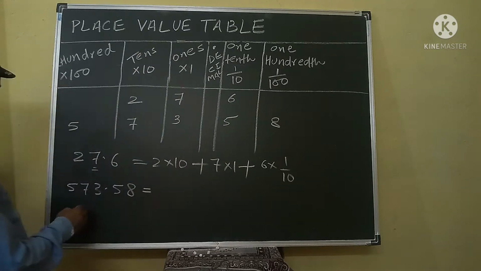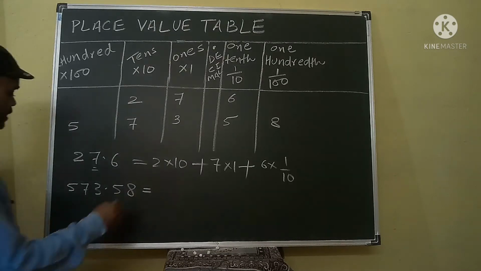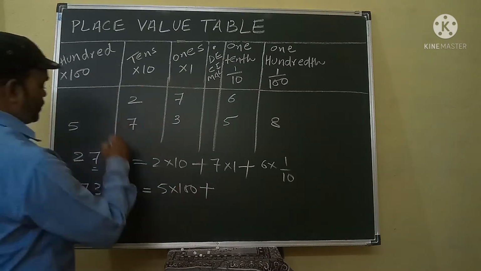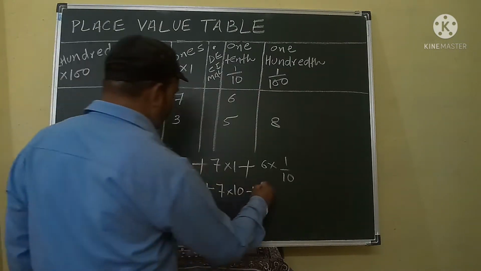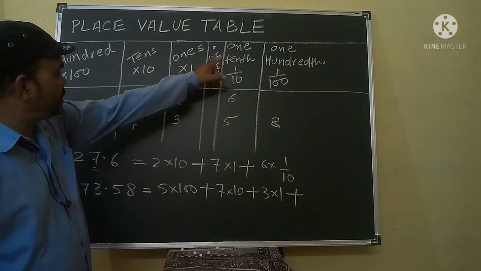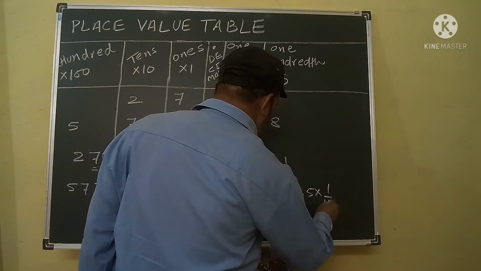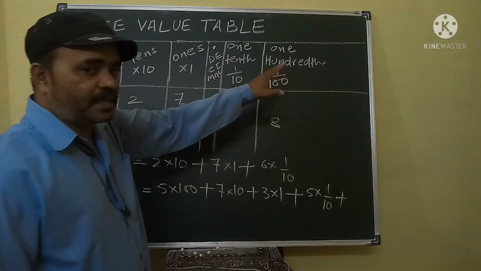And how can you write this number according to the place value table? Now look here. 5 is in the hundreds place, so that means 5 into 100, plus 7 into 10, plus 3 into 1, plus 5 is in the tenths place, so 5 into 1 upon 10, plus 8 is in the hundredths place.